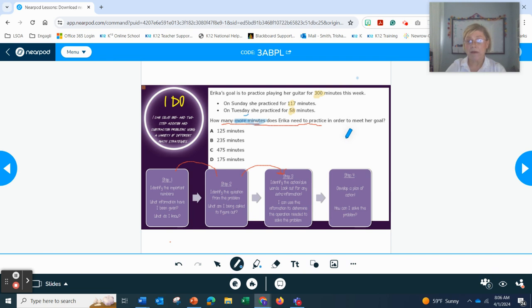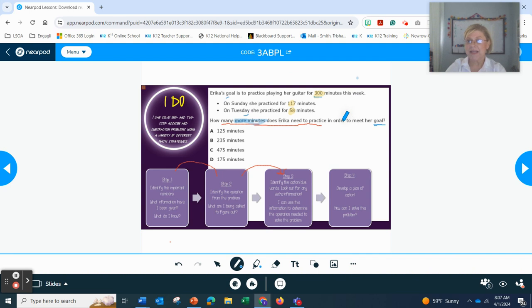But what am I going to compare? How many more minutes does Erica need to practice in order to meet her goal? I'm going to compare because her goal is up here of 300 minutes. So whatever I find right here, I'm comparing it to that goal of 300.